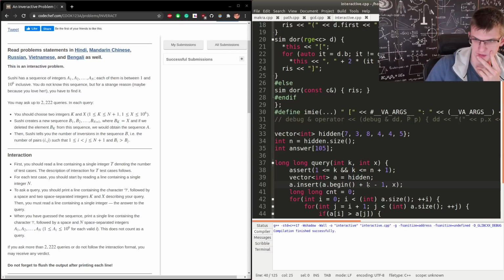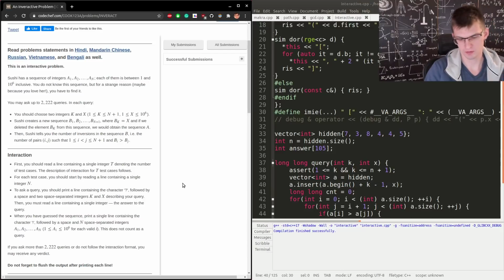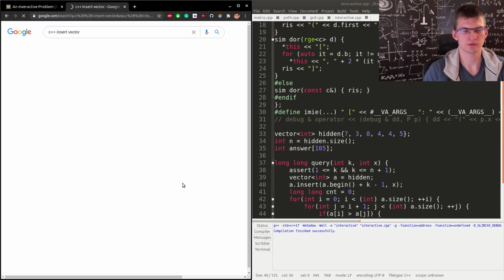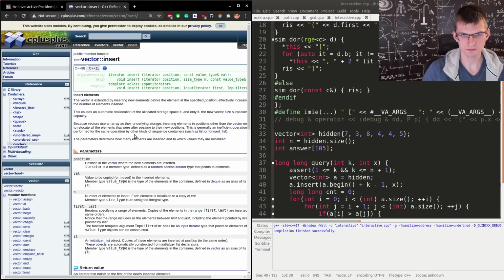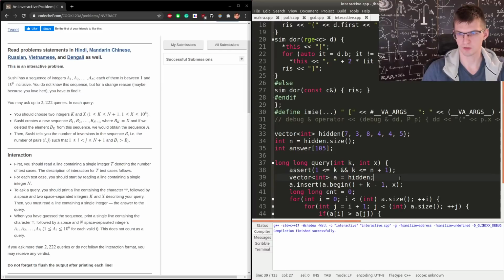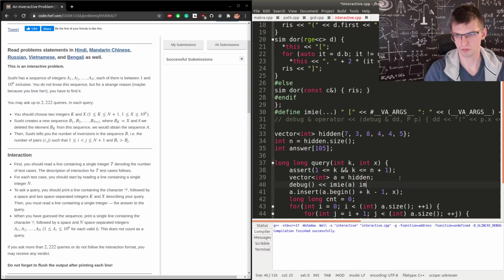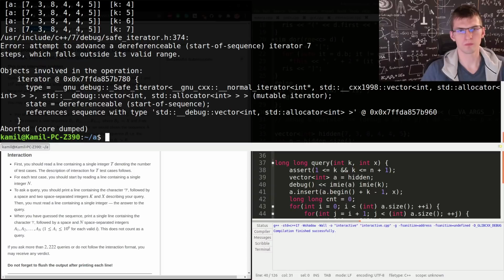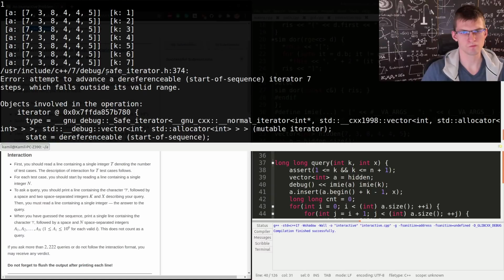This is of size n. So k minus 1 is from 0 to n. C++ insert vector: before the element at specified position. Zero would be here. 1, 2, 3, 4, 5, 6. Yeah.